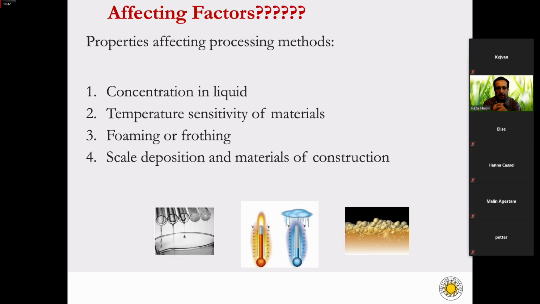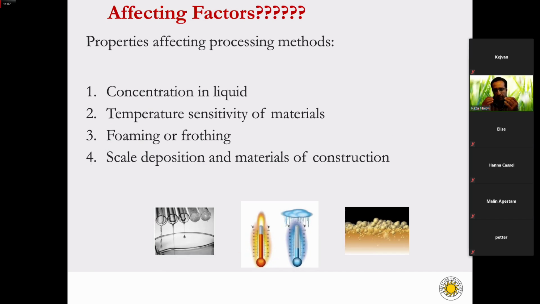And normally the boiling point of the solution is a little bit higher than the boiling point of the pure liquid, which is also called boiling point elevation, and I will discuss that as well. So concentration of the liquid is very important in pharmaceutical companies or in the food industry. Temperature sensitivity of materials is very important.